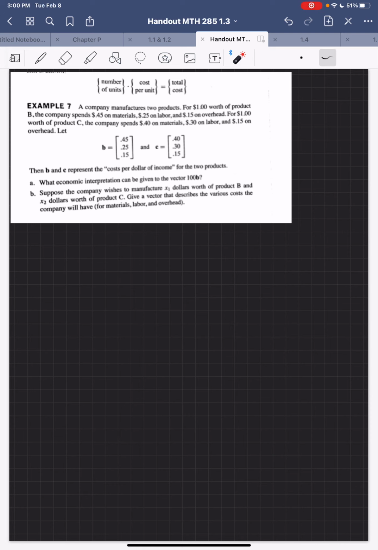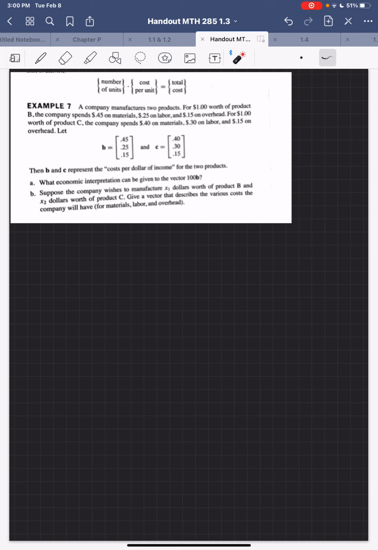Let me read. It says a company manufactures 2 products, right? So if you're a company, you make 2 products. I don't know, peanut butter and calculators. I don't know why you have specialized in those 2, but those are your 2 products for this analogy.